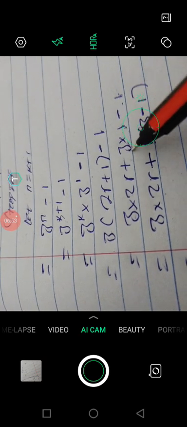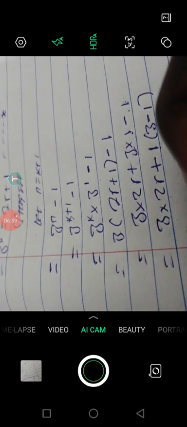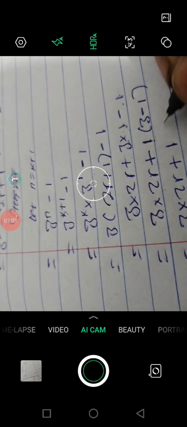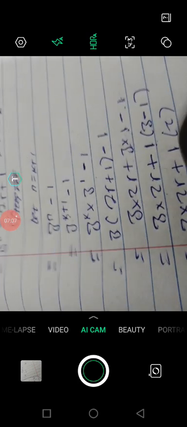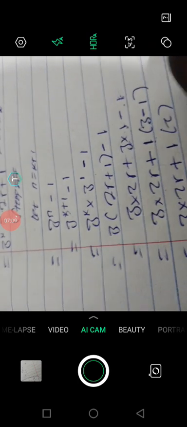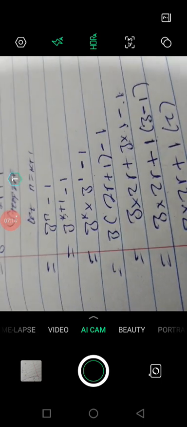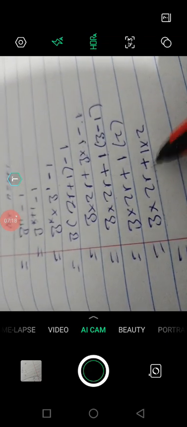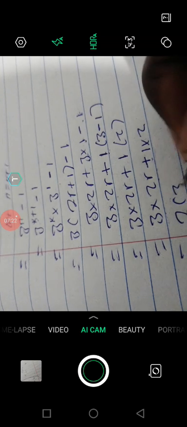So I multiply 3 times 1, that is 3, minus 1. So I say 3 times 2r plus 1 times 3 minus 1, that is 2, and we remain with 2. Then I say 3 times 2r plus 1 times 2. Now see, what is common here is also 2. So I put 2 outside, and I remain with 3 times r.